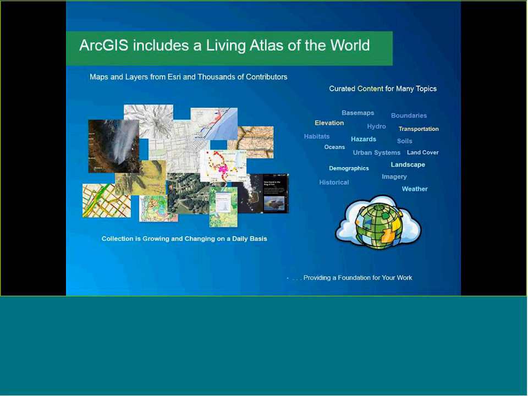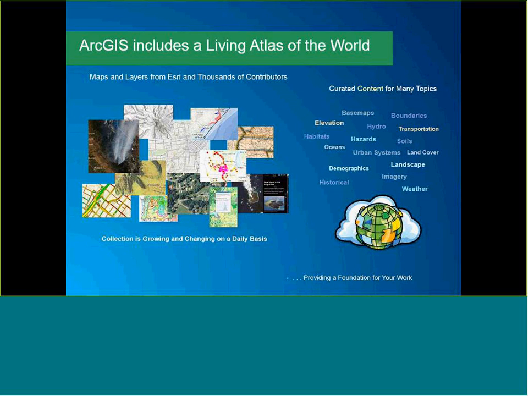The Living Atlas is a collection of content that's been curated and organized into different themes. What that means is, as a user, you're able to search on different content themes and have that returned back to you in an easy-to-consume way.